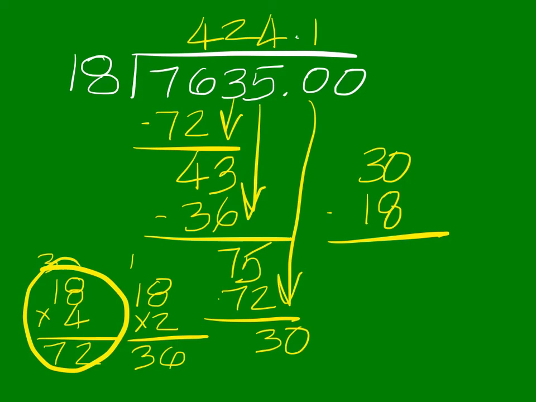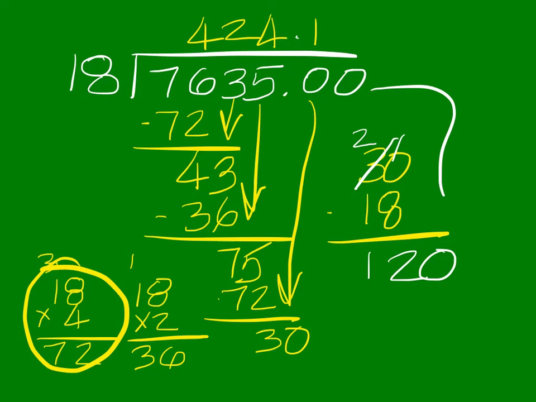What you have to do is borrow from the 3 to make it a 2, and this becomes a 10. What's 10 minus 8? 2. And then you have 2 minus 1. So it would be 12. Drop a 0. We have to figure out how many times 18 will go into 120 without going over.